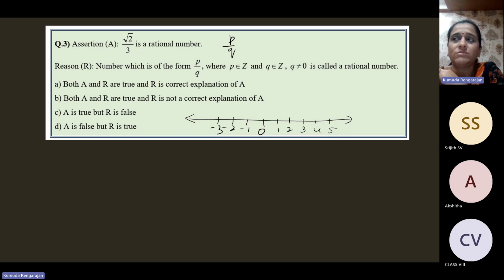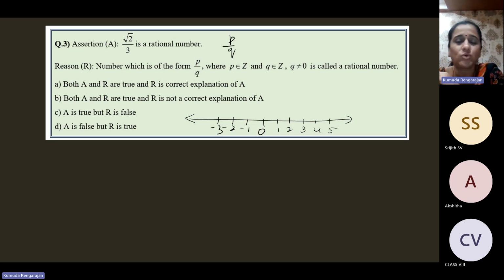You know that real numbers are rational numbers and irrational numbers put together. Rational numbers and irrational numbers put together are called real numbers. So root 2 is a real number. Root 2 is not an integer. Because what is the definition of an integer? The collection of all natural numbers, their negatives, including 0, form the collection of integers.